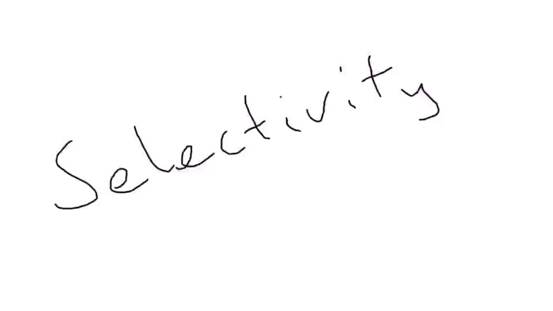So selectivity is a measure of how free an analyte signal is from an interference. Interference can be anything that increases or decreases the signal, which is not the analyte itself.